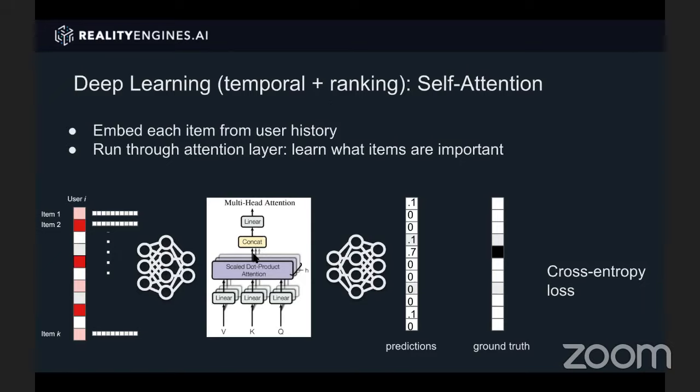So we can just replace the GRU with an attention layer. And the idea here is that the attention layer will learn the important items from the user history that'll be beneficial in making recommendations. For instance, if a user has watched a couple of very popular movies on Netflix, and then they've also watched a couple really niche movies, these niche movies will be more important in determining the next movies that the user watched.